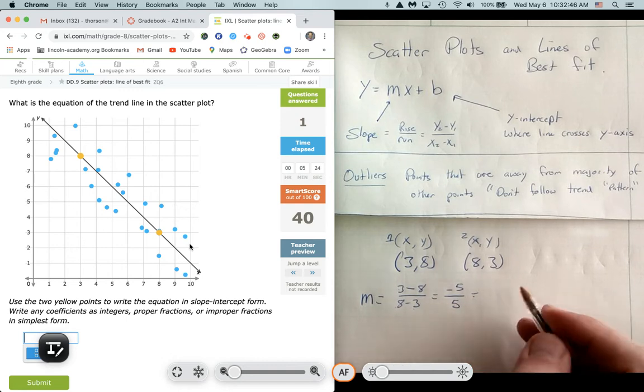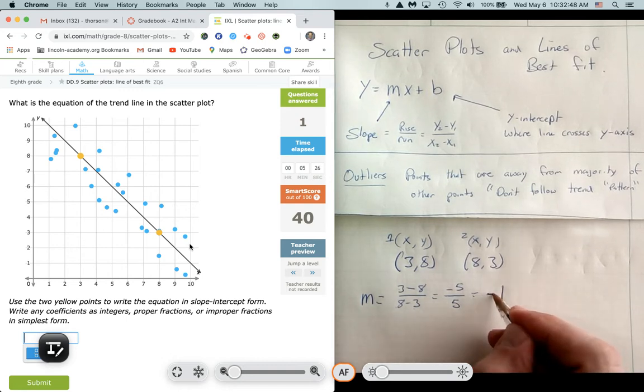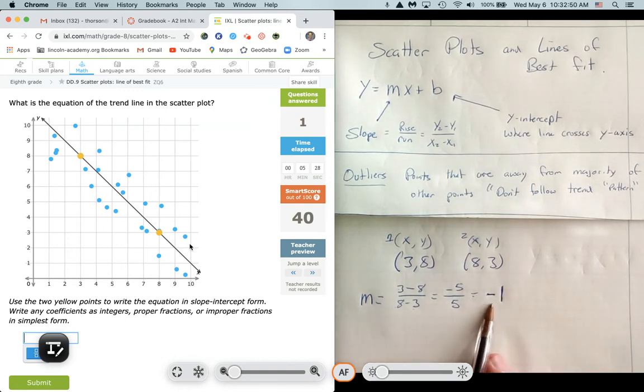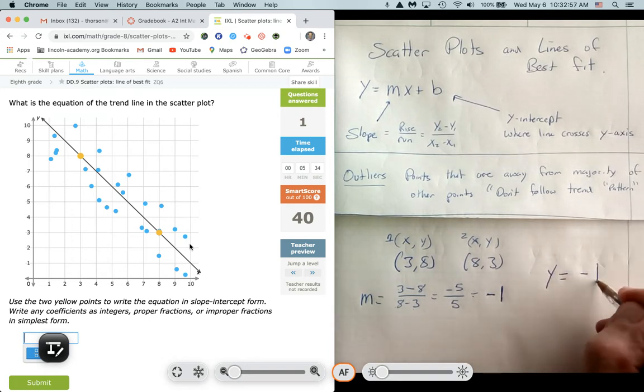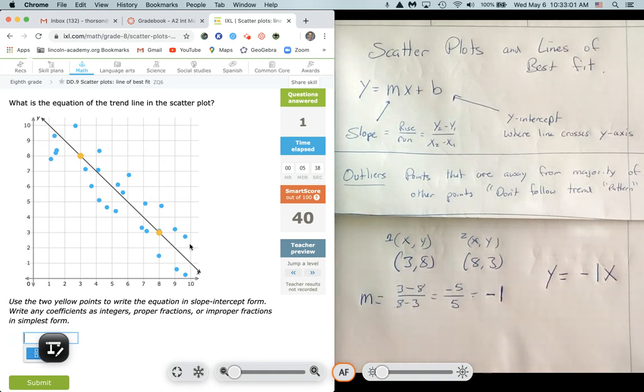Negative 5 over positive 5 becomes a negative 1. We don't need to write the slope as a fraction. We can just leave it as a negative 1. So my equation will be y equals negative 1x plus or minus some b value. But I don't know what the b value is yet, so I need to figure it out.